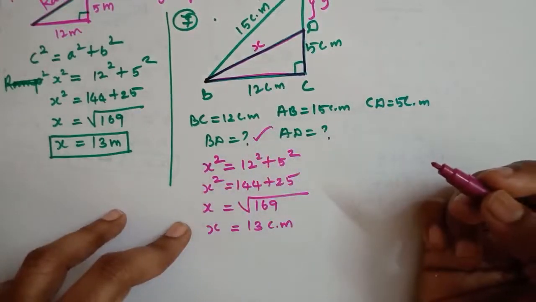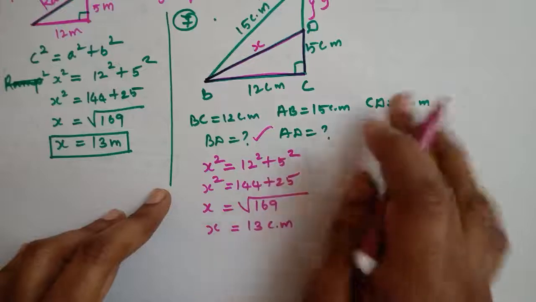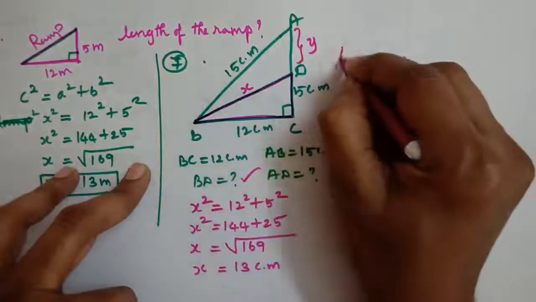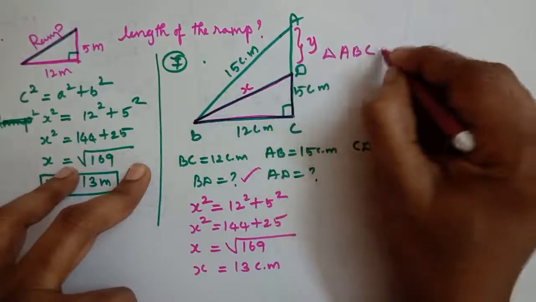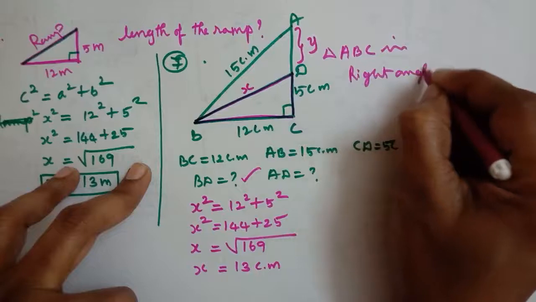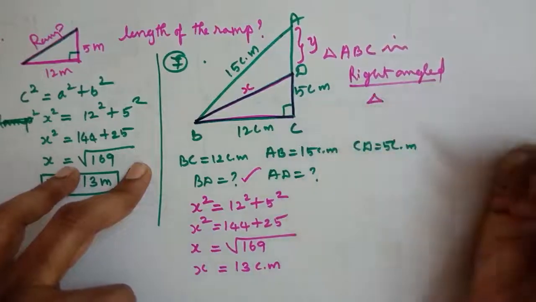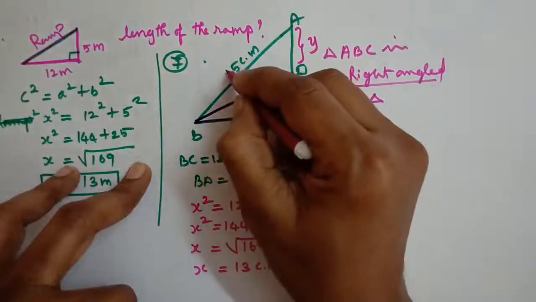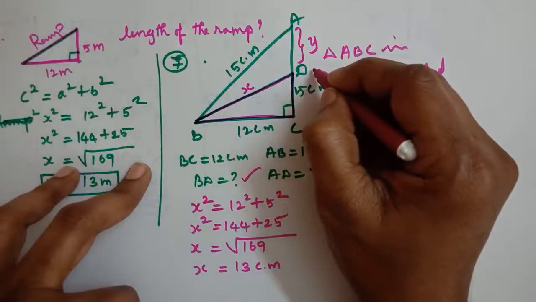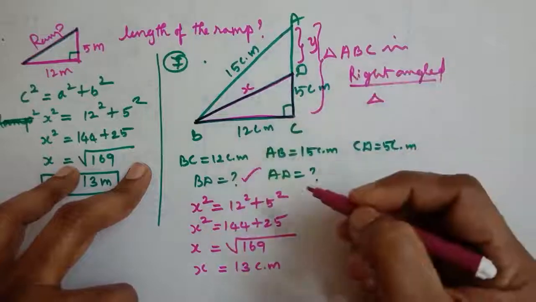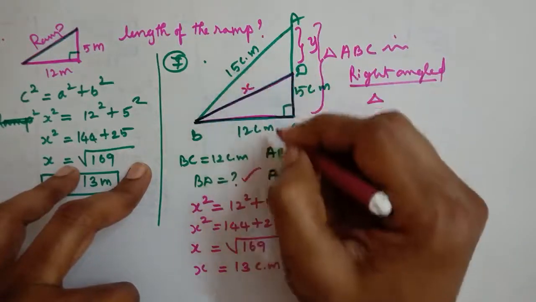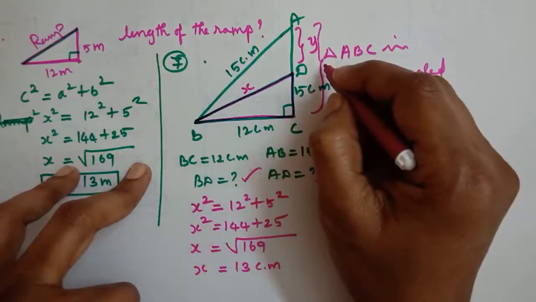Now we have got BD. Now AD. How do you find AD? Students listen, just look at this picture. Triangle ABC is a right angle triangle. This is 15 centimeter, this is 12 centimeter, then we have to find this length.